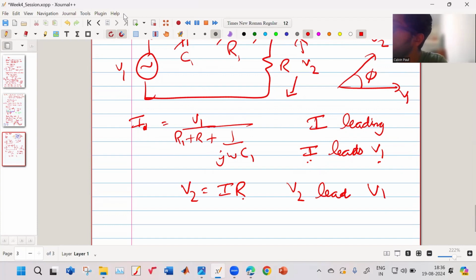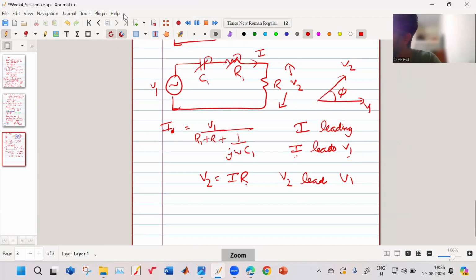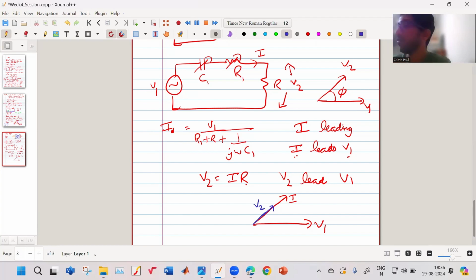So how do you draw it, let me minimize it a bit. This is your reference phasor V1. This is your current I, right? And then this is your phasor V2.